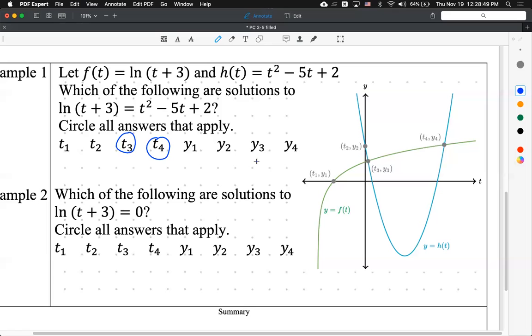Height of 0 is right here. This line represents a height of 0. When does this height of 0 intersect our green line? Where is that? Oscar? Yeah, this first point, T1. What about Y1, Oscar? Exactly, T1, not any values of Y, only T. Done.